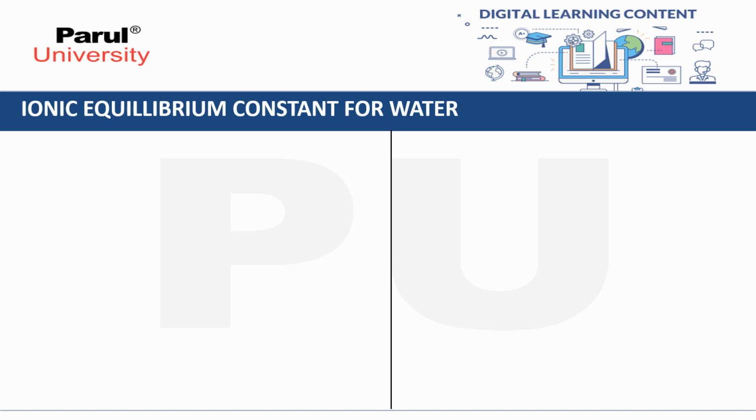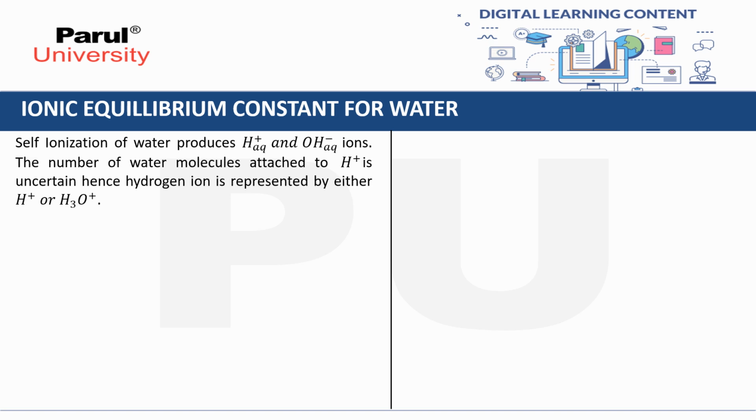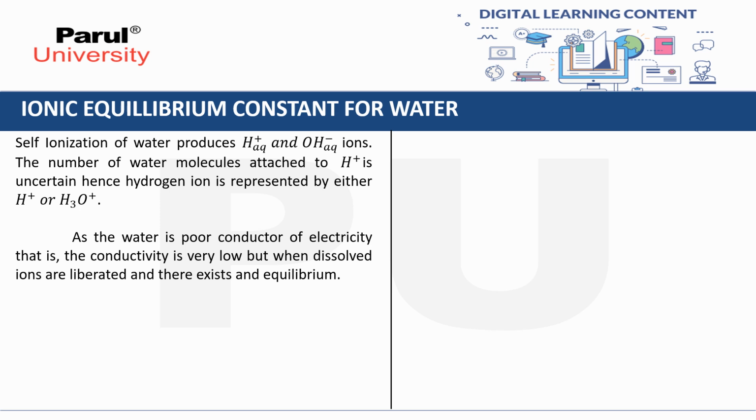Now let us see the ionic equilibrium constant for water. The self-ionization of water produces H plus and OH minus ions, and the number of water molecules attached to H plus is uncertain. Hence, the hydrogen ion is represented by either H plus or H3O plus.